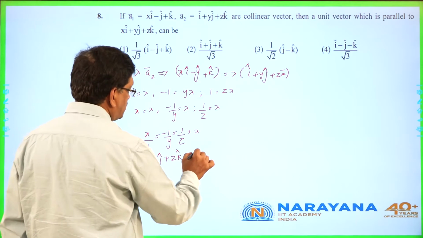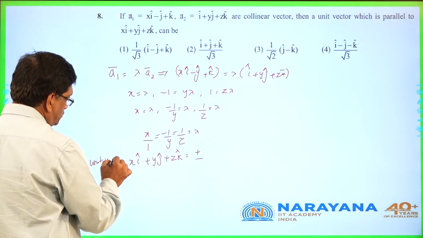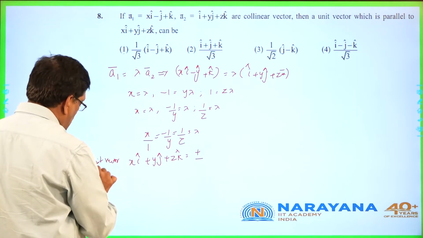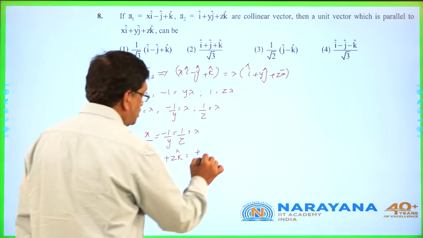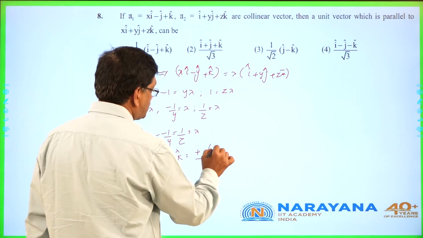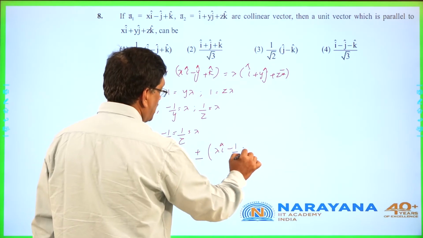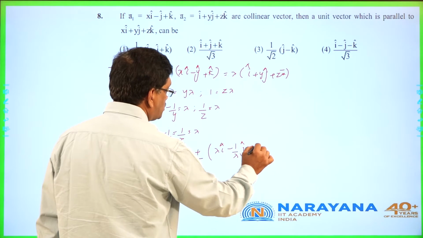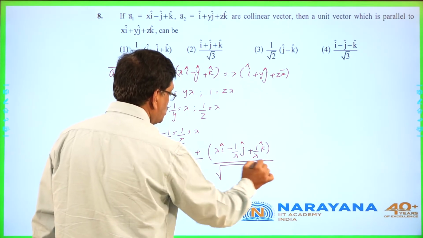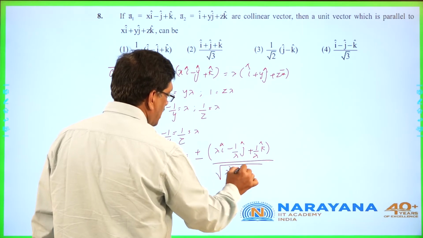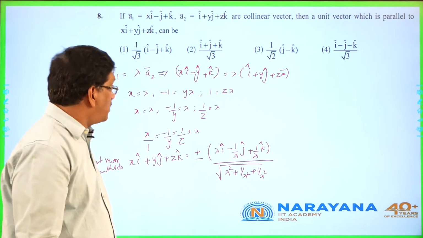X is nothing but the unit vector parallel to this one, plus or minus. X means lambda i, y means minus 1 by lambda j, z means 1 by lambda k, by its magnitude, that is lambda square, 1 by lambda square, 1 by lambda square.